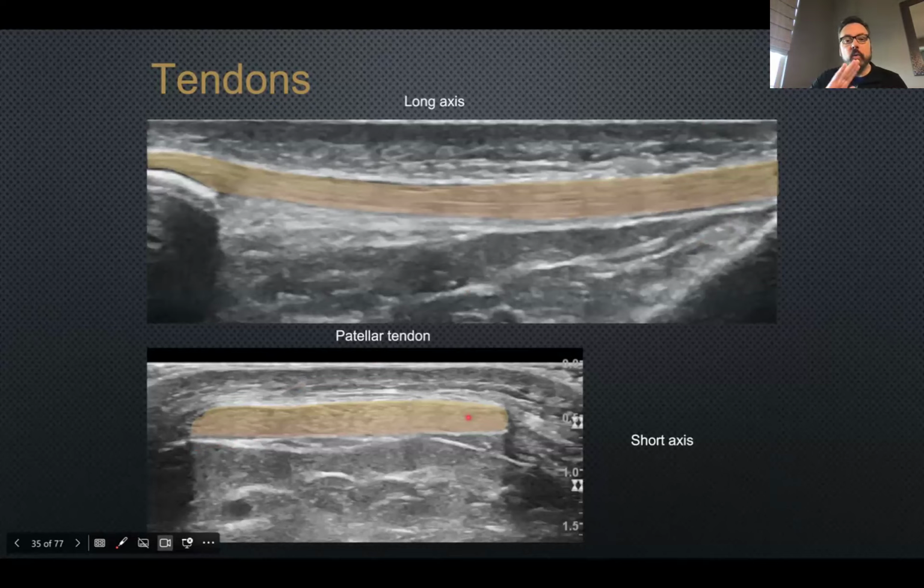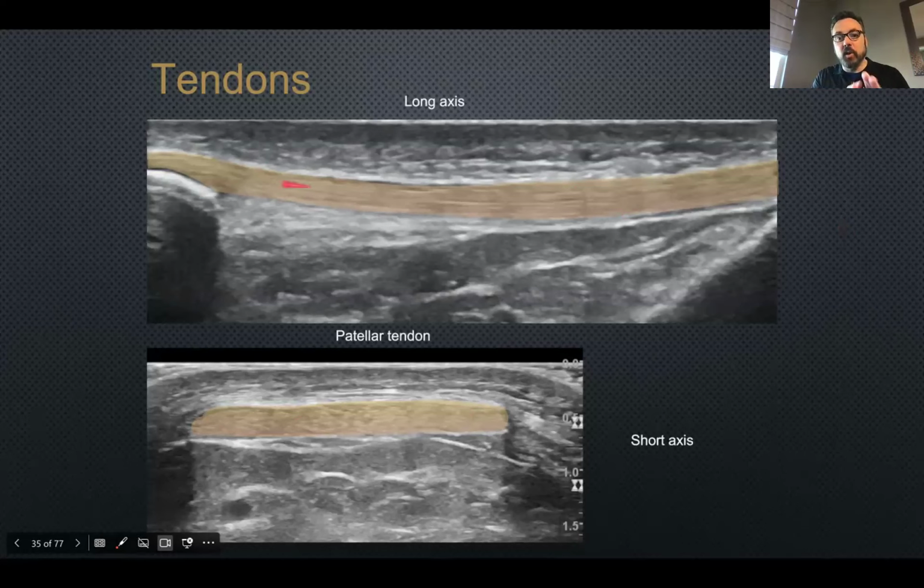With MRI, we do sagittal and axial slices. With ultrasound, we do what's called long axis and short axis, which is essentially like a sagittal slice and an axial slice. A tendon is basically going to be these tight filaments packed together. Here we have the patella and the tibial tuberosity, and it almost looks like a suspension bridge running right across it.